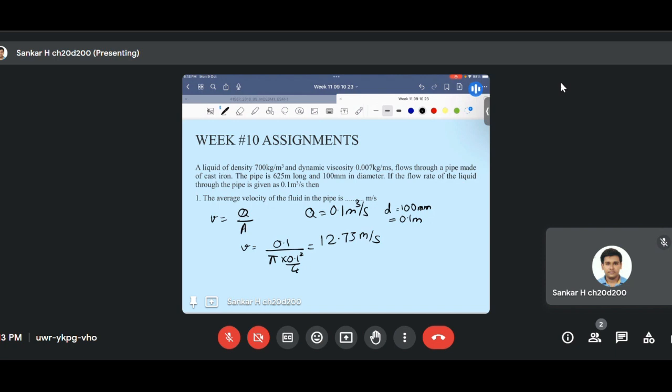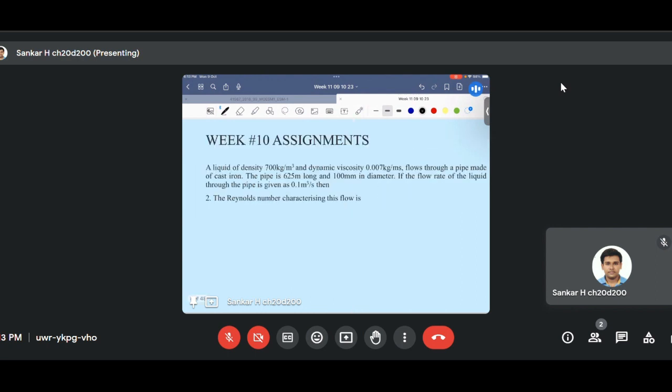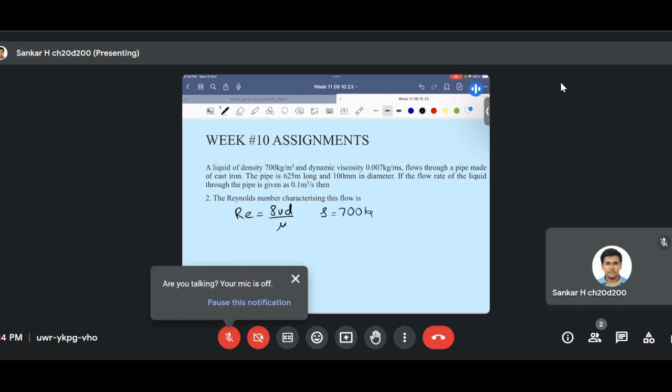Okay, let's move on to the next question, where we need to find out the Reynolds number characterizing the flow. So, as we know, Reynolds number is rho v d by mu. The density is 700 kilograms per meter cube.